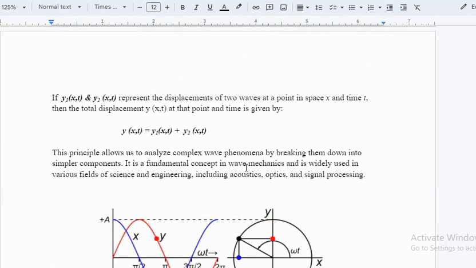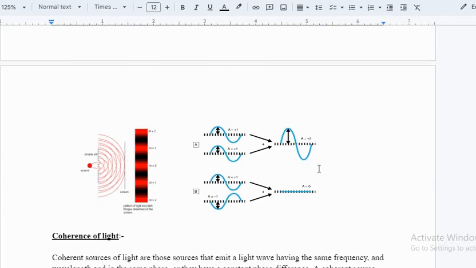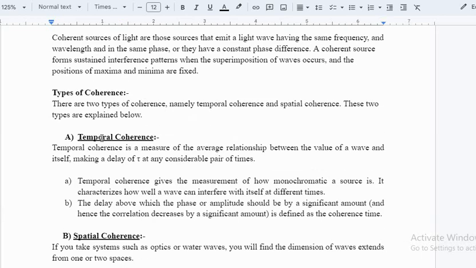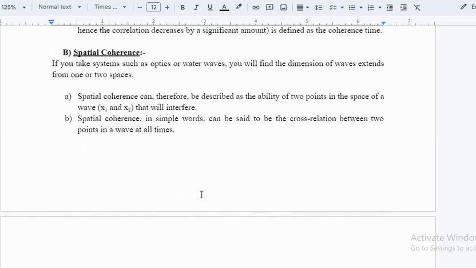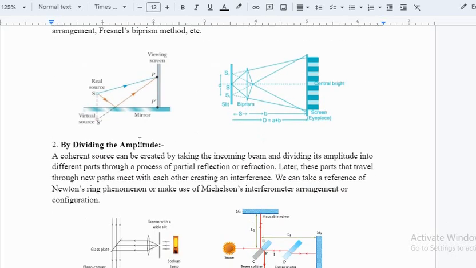So we have also discussed the types of coherence and how we can produce coherent light sources. The different types are temporal coherence and spatial coherence, and the ways to produce coherent light sources are division of wavefront and division of amplitude.